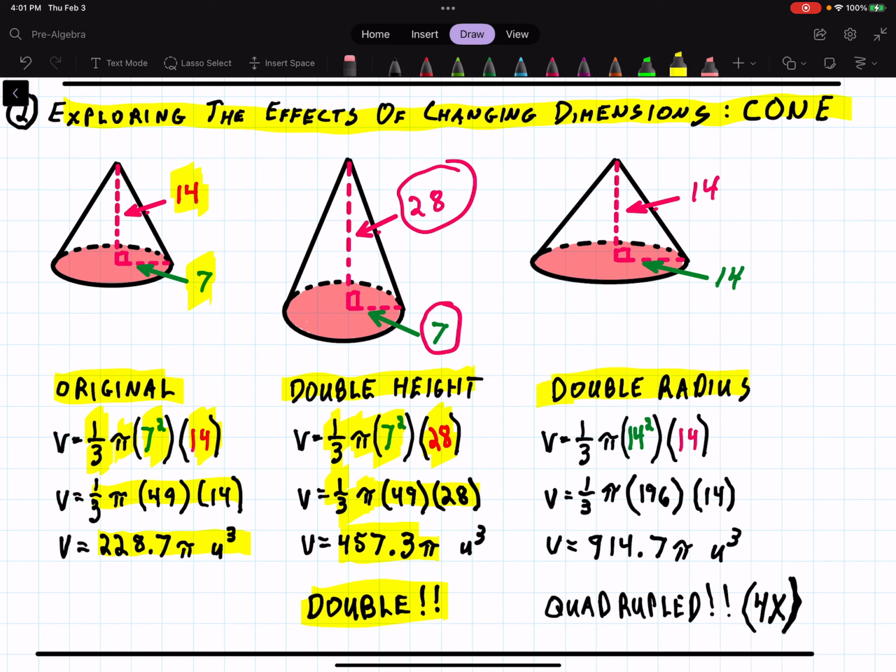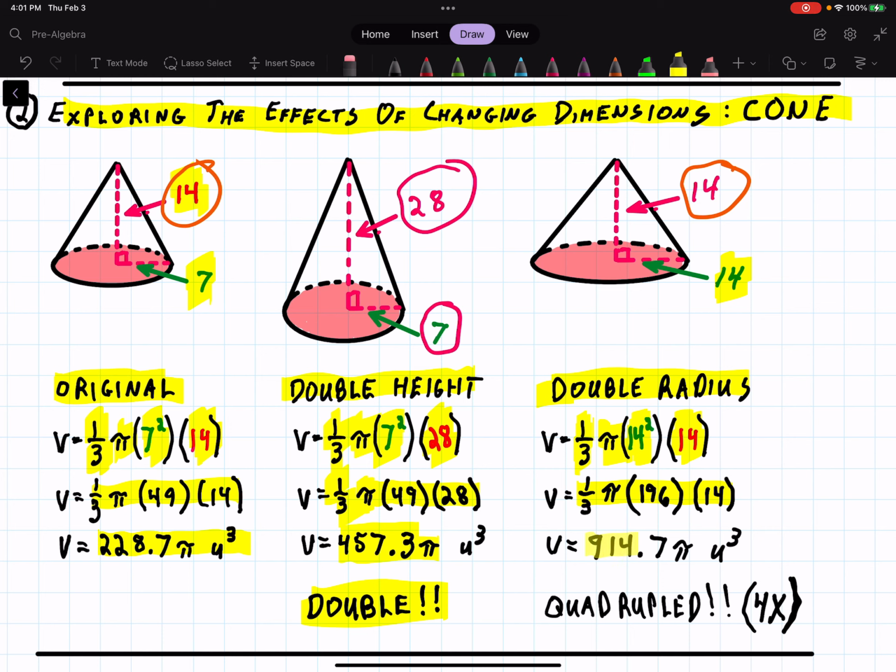Now let's take a look if we double the radius. Doubling the radius, as you can see, we still have 14 as our original height, okay? But this time, instead of 7 for our radius, we've doubled it to 14. So now we have 14 squared in our formula, pi times 14 squared, all times the 1/3, and the height of our cone is still 14. When you multiply that out, 14 times 14 is 196.